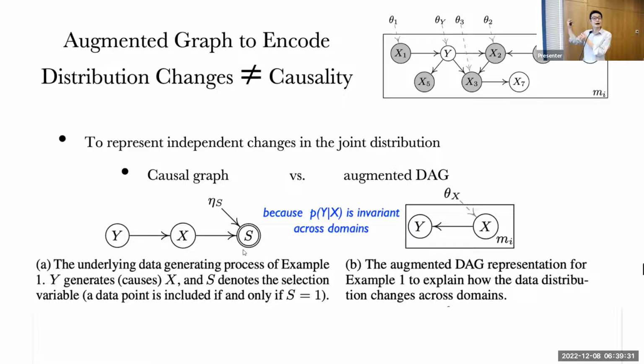If S is 2, I send them to a second clinic, right? This is the second variable. Basically, I do selection based on the symptoms. Now, if you consider different clinics, you can see something very interesting. First of all, across the clinics, the distribution of the symptoms will be different.